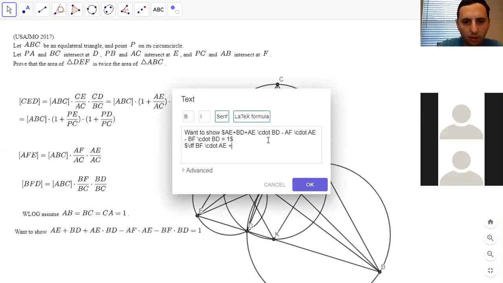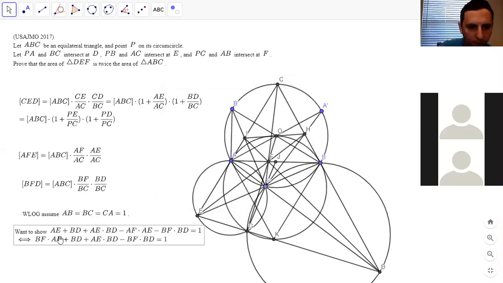AE plus, I'm not even going to simplify the next one, I'm just going to write it out. So I just took the AE and the AF times AE, and I combined them, and I kept the rest the same. So BF times AE, and then okay, I'll combine this one too. So 1 minus BF is AF.